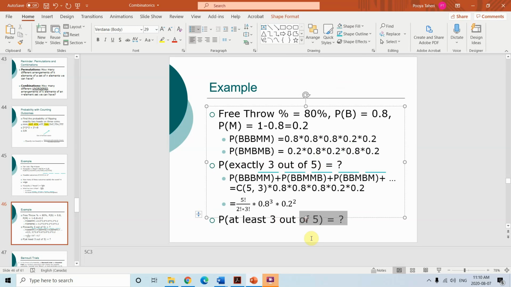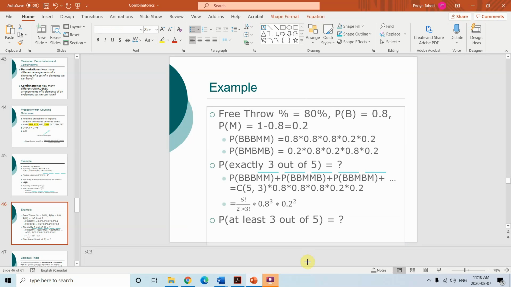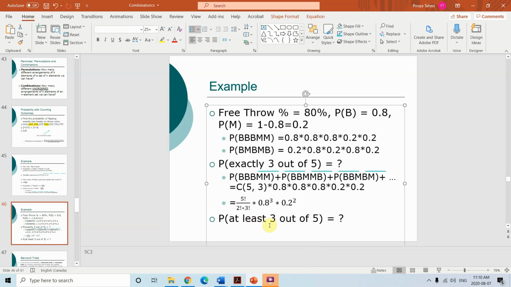Now, again, let's make it a little bit more complicated. What is the probability of having at least 3 out of 5 successful throws? This again is a combination of the addition principle and the multiplication principle. Here we had the multiplication principle, but here you say at least 3 out of 5.